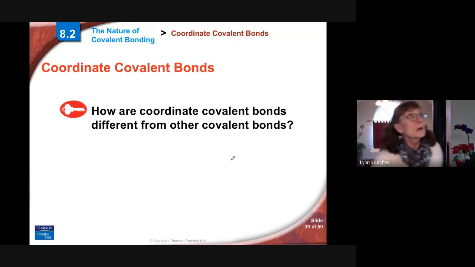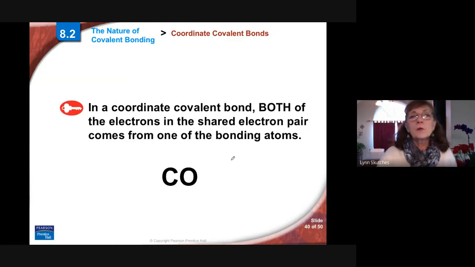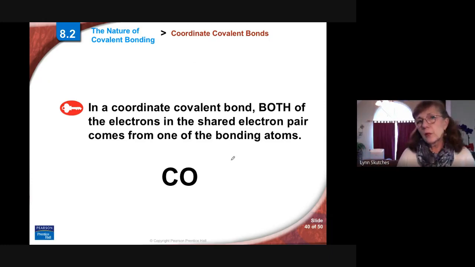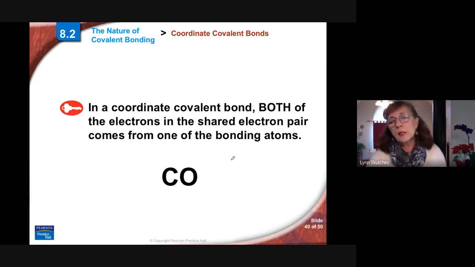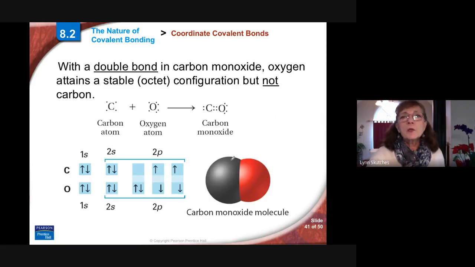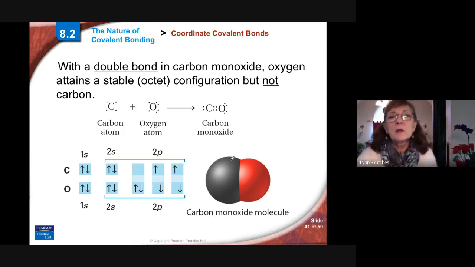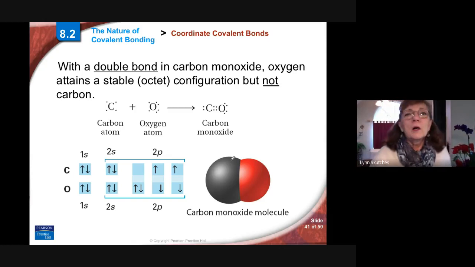All right, topic of the day, coordinate covalent bonds. How are they different? Well, it turns out, remember, carbon goes with 2 oxygens, but it can also go with 1, and we've talked about carbon monoxide earlier. Our best explanation of what's going on here, why this bond would happen, is something called a coordinate covalent bond.